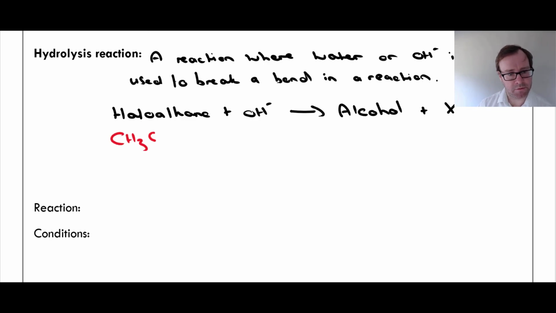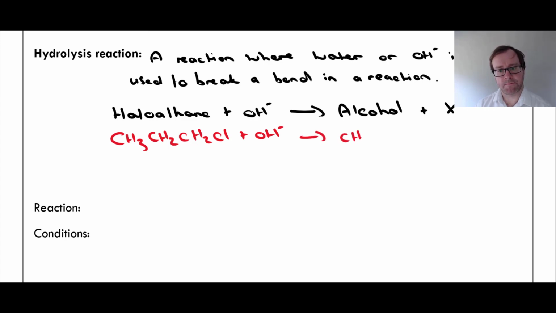We'll do a specific example, e.g. chloropropane plus OH minus goes to propanol plus my halide ion. Okay, so my haloalkane, chloropropane, forms propanol.